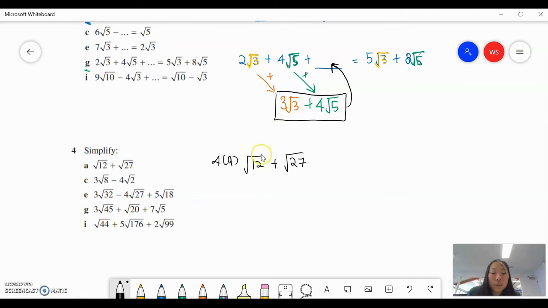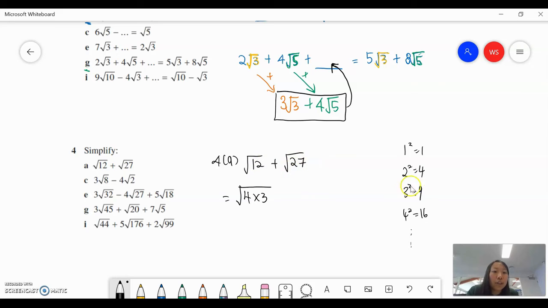Now there's a perfect square factor within 12. If you recall your knowledge on squares, 1 squared gives you 1, 2 squared gives you 4, 3 squared gives you 9, and so on and so forth. So you can see that you can factorize out 4 from that 12 itself. In that sense, that will be 4 times 3, that we can rewrite for your square root of 12 here.